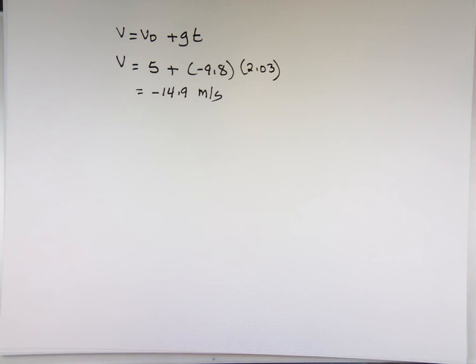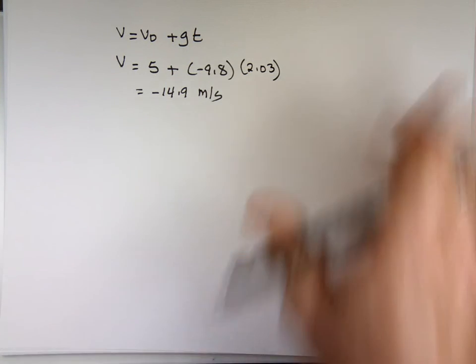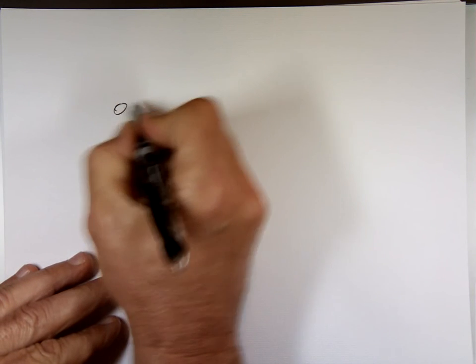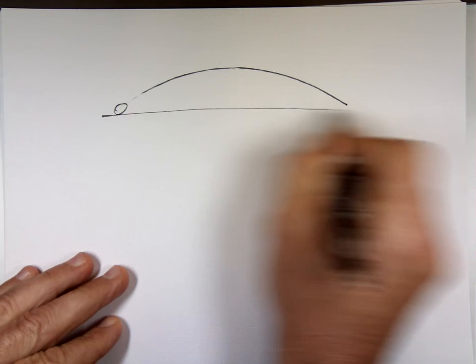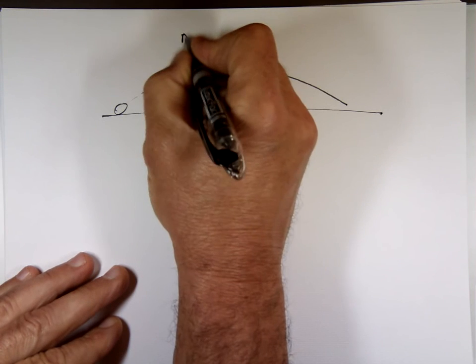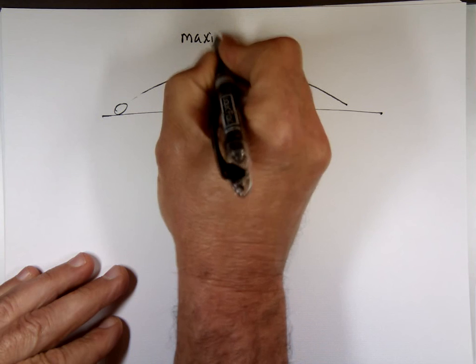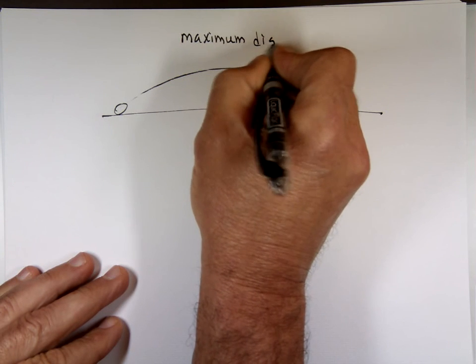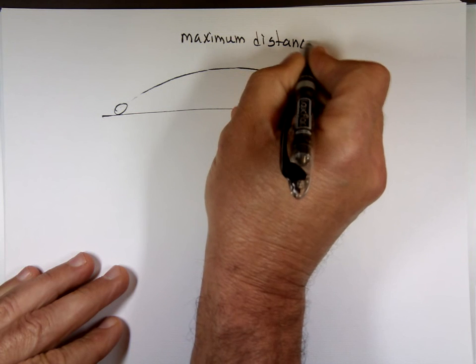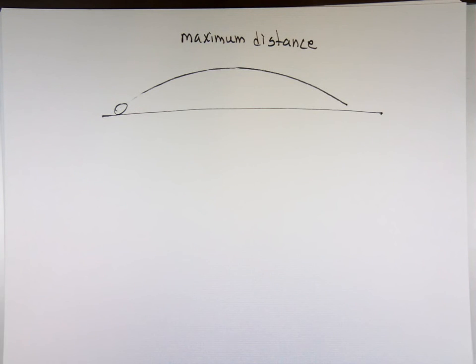The only thing I didn't mention here, I'm going to call it quits shortly, is when you're hitting a ball, especially in golf, your goal is to get the maximum distance traveled. So for maximum distance x, guess what angle you want to hit it at?